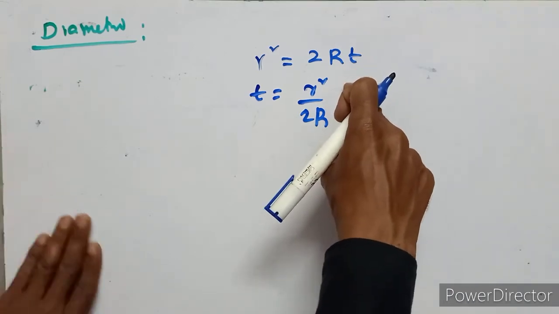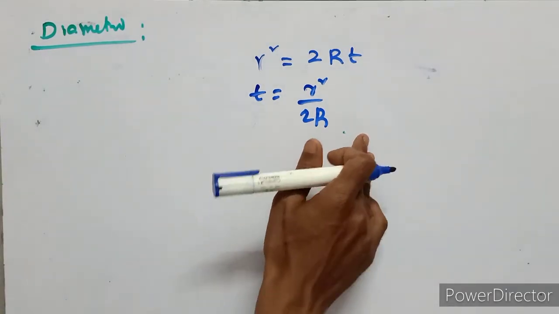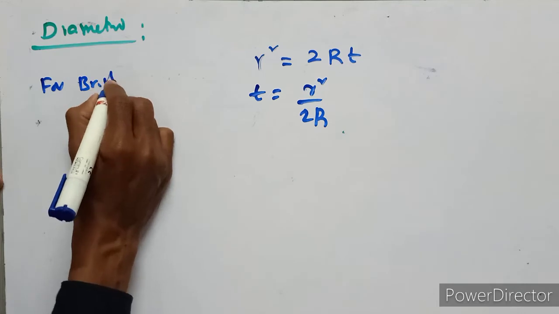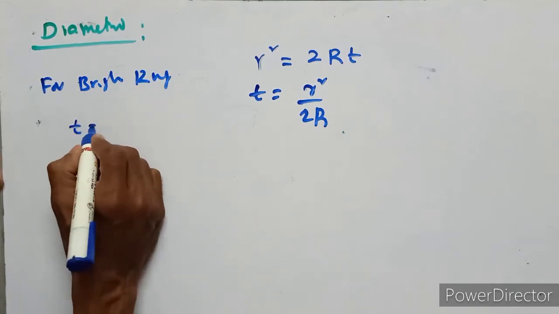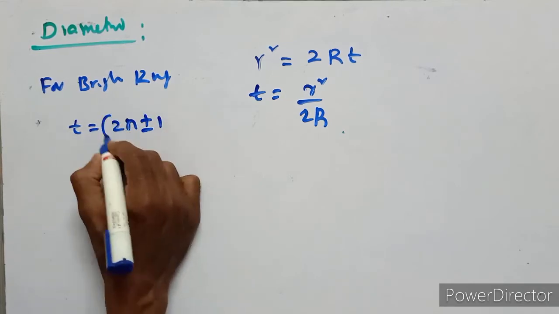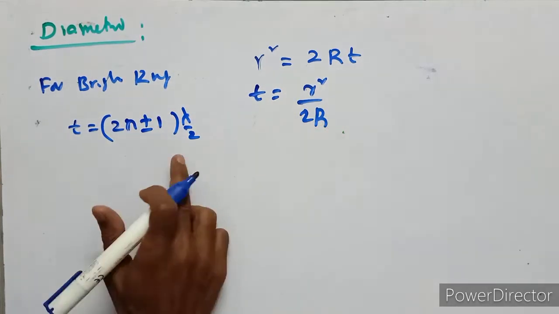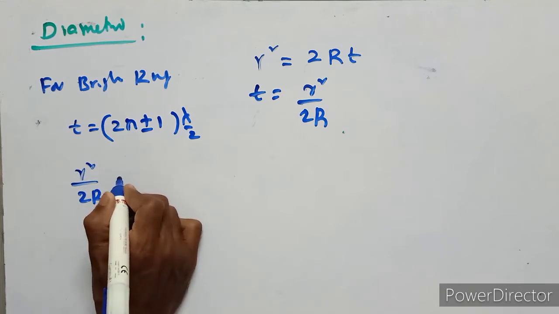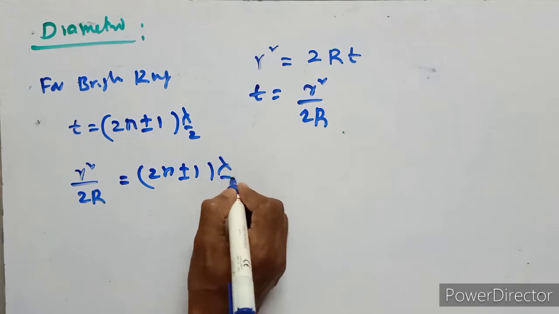Now the condition for a bright ring: already we know that t is equal to (2n plus 1) lambda upon 2. Here t is equal to r square upon 2R. Then r square upon 2R is equal to (2n minus 1) lambda upon 2.